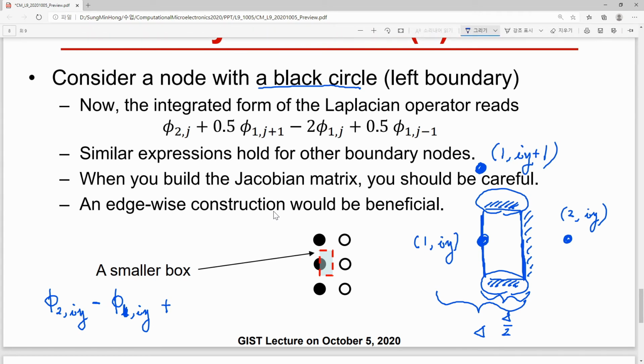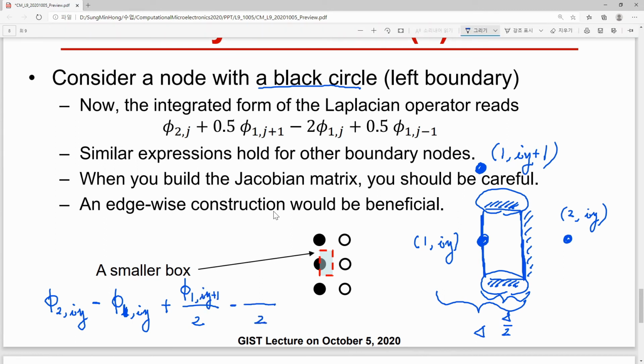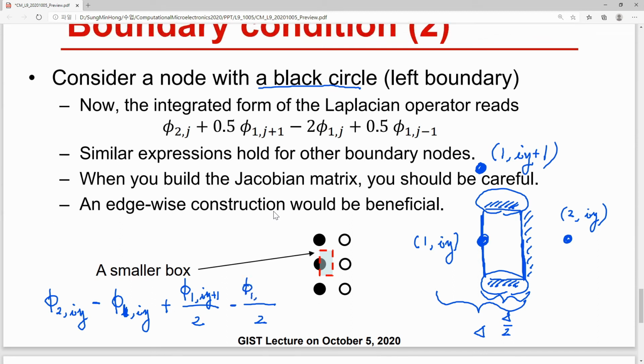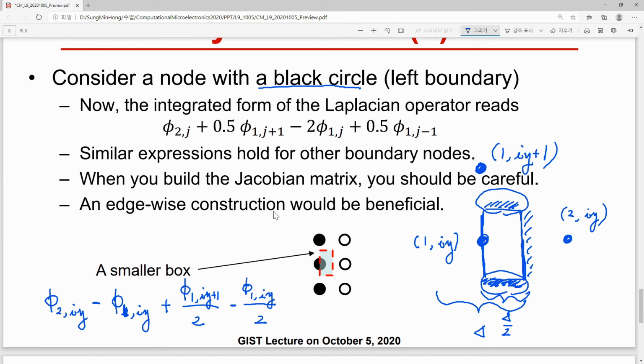So in this case, we have to write down something like this: half of phi 1 comma iy plus 1 and minus half of phi 1 comma iy. And how about this bottom surface? They are identical to the top surface, so we will have just half phi 1 comma iy minus 1 minus half of phi 1 comma iy.